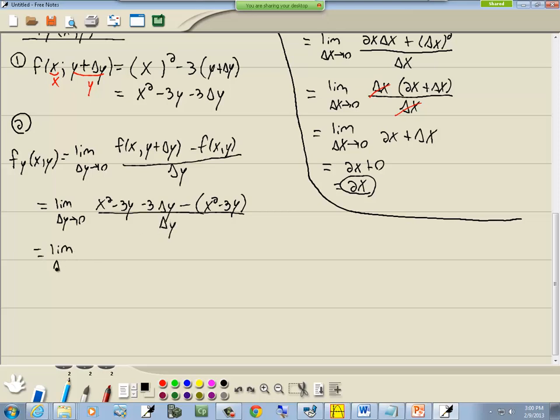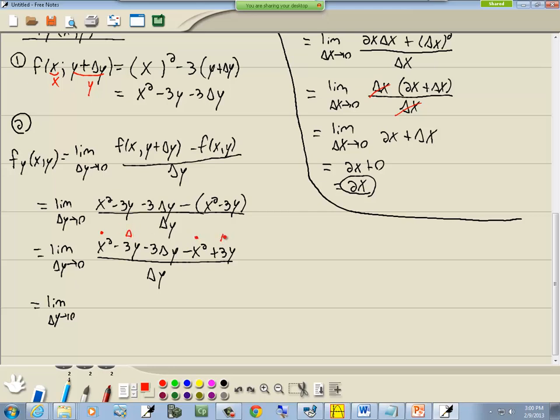So we've got the limit as delta y goes to 0, x squared minus 3y minus 3 delta y, and the negative out in front of the parentheses flips the sign of everything inside. So we've got negative x squared plus 3y over delta y. Okay, so combine like terms. x squared minus x squared drops away.